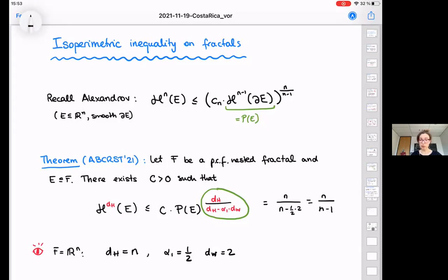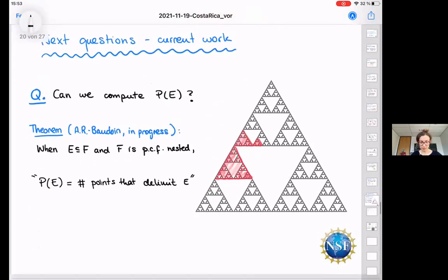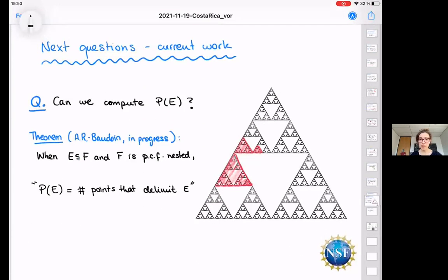And this is so far what we have. The next question is, can you compute this perimeter? This is part of current work, still a work in progress with Fabrice Baudouin from the University of Connecticut. We are trying to see what exactly the perimeter is.